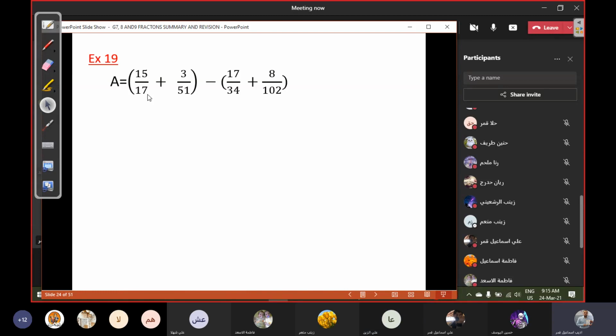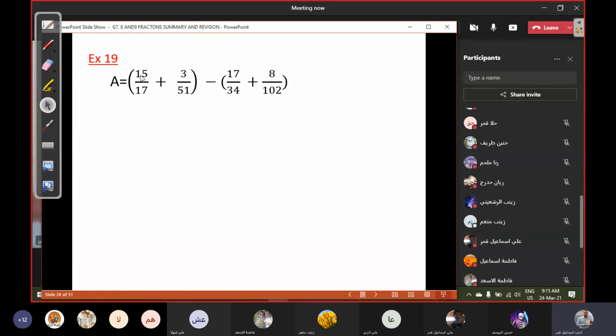What is the least common multiple between 17 and 51? It is 51, since 17 multiplied by 3 gives 51. Also 34, how does it become 102? We multiply it by 3, and it gives 102.